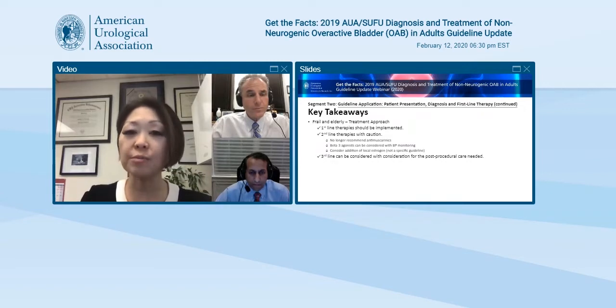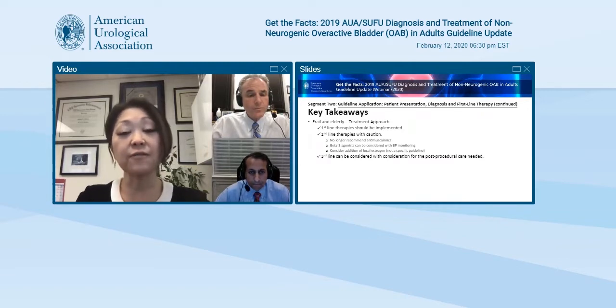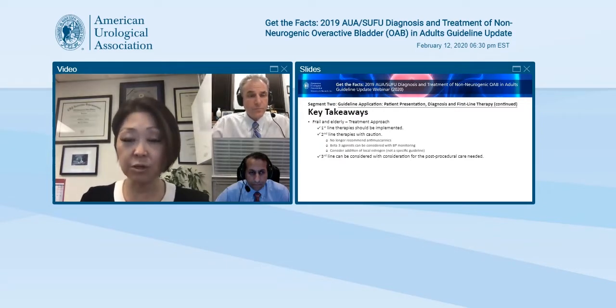I think short term it's okay, but longer term we just don't know about these cognitive effects that can be concerning. As far as beta-3 agonists, I like to think that they don't really have any side effects, but you do have to monitor patients' blood pressures, and it's particularly something that you want to be aware of in patients. I mean, it's a contraindication to put a patient who has uncontrolled high blood pressure on a beta-3 agonist.